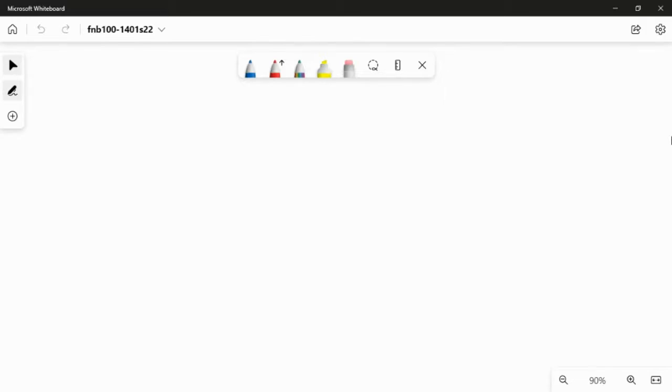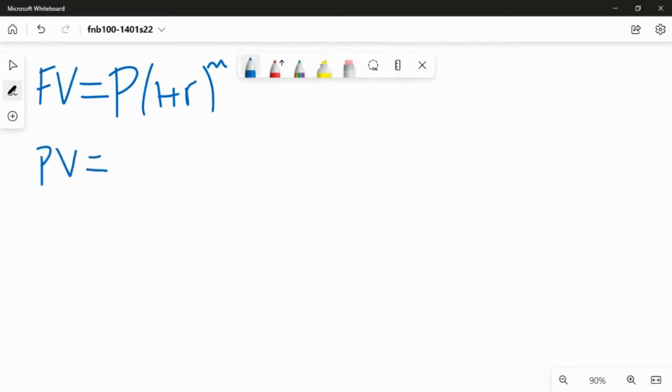Basically, finding future value from principal and 1 plus r raised to n, right? And we have other formulas that are derived from this base formula, like finding present value, and finding r, finding n.